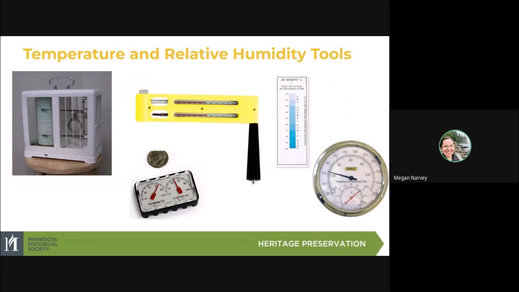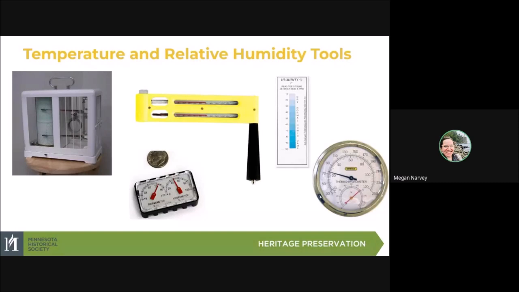Now that I've spoken in praise of the modern smart tools that we have, I'm going to briefly sing the praises of the old analog systems. Just for fun, there's a long history of analog temperature and relative humidity measuring tools. Here's a brief selection. You might have these in your museum from the olden days.